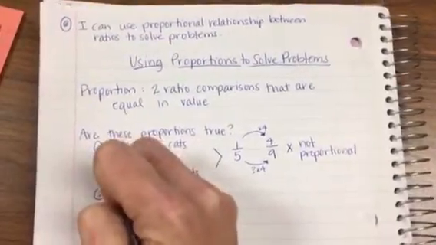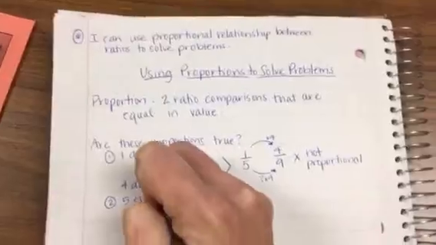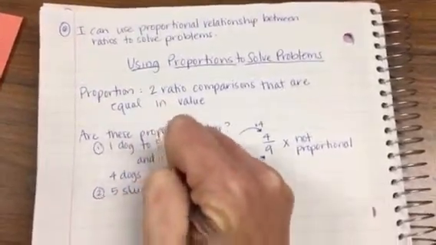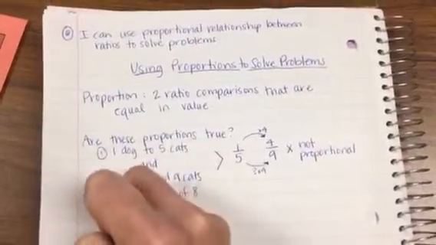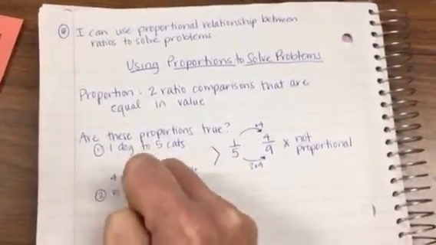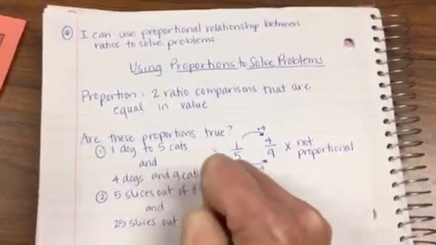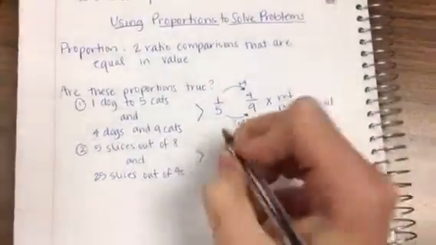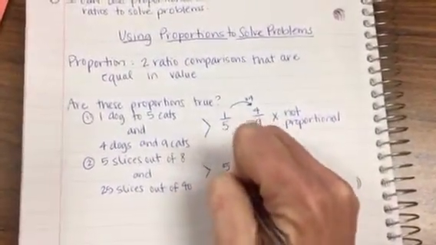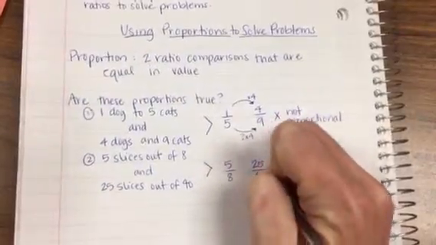Another test would be to say I ate 5 slices out of 8, and my friend ate 25 slices, he was really hungry, out of 40. So we're going to test those. I ate 5 to every 8 slices. He ate 25 to 40.